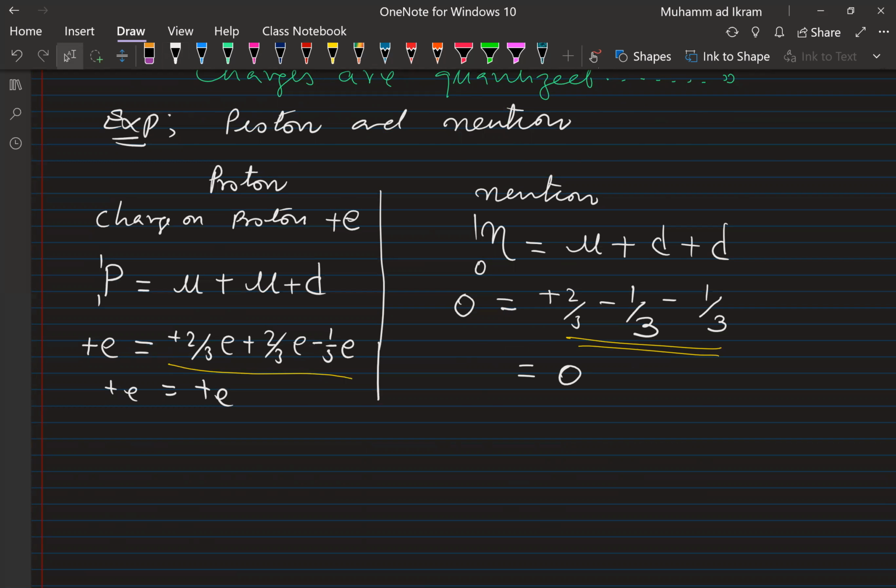Now there are anti-quarks also. As you know, for every particle there is an anti-particle, and an anti-quark carries an equal and opposite charge to its corresponding quark. The symbol for the anti-quark is the same as for the quark, but with a bar over the top.